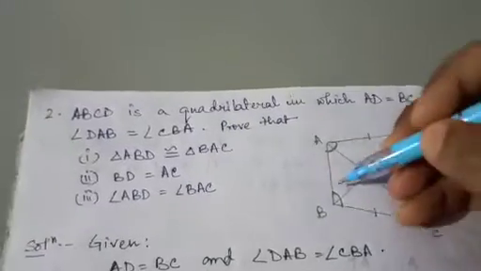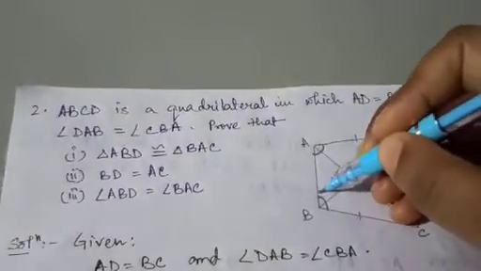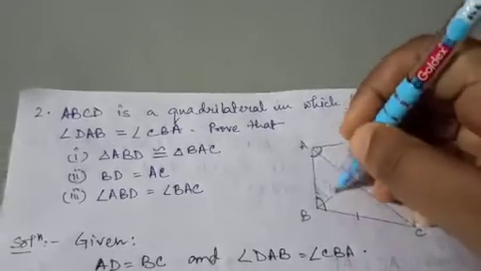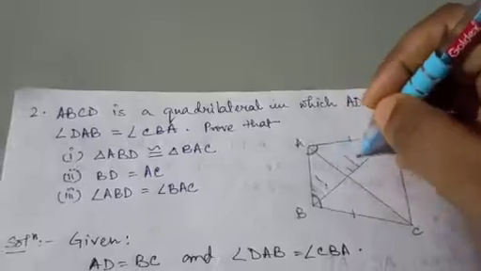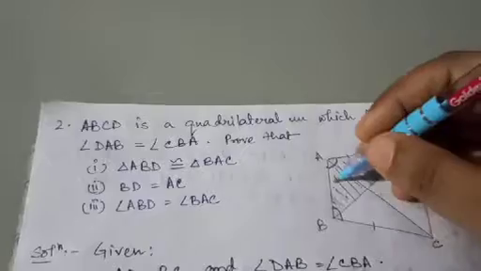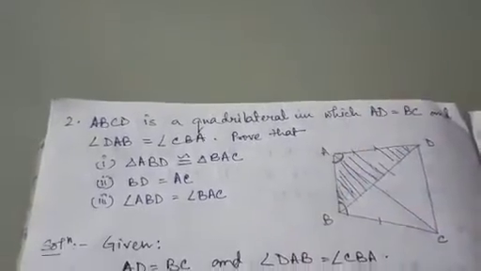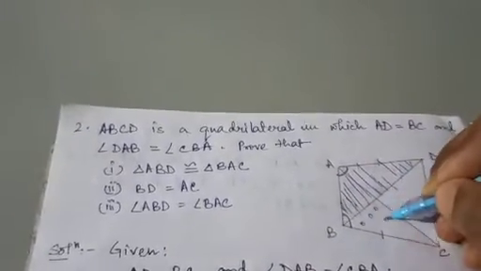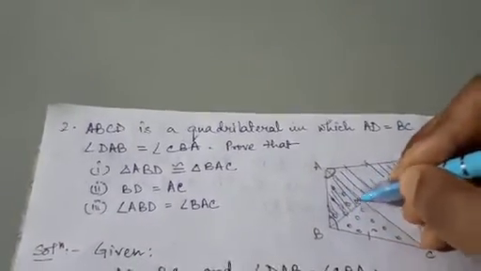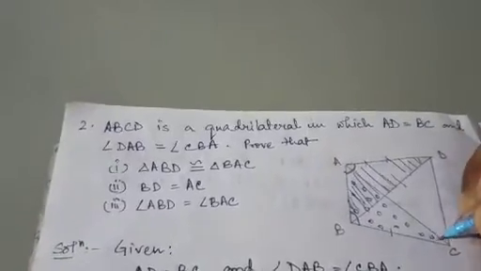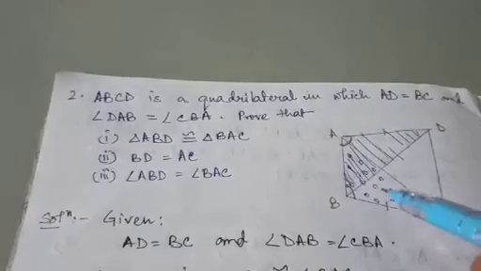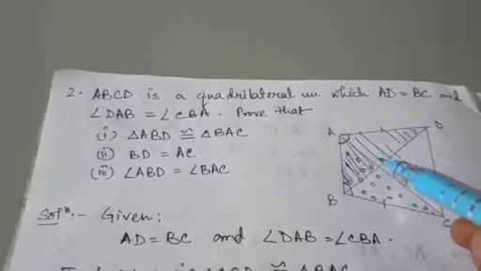BD is this part. So if I take this shaded triangle and this circle triangle, you can see that we have already proved that the circle triangle and the shaded triangle are congruent.